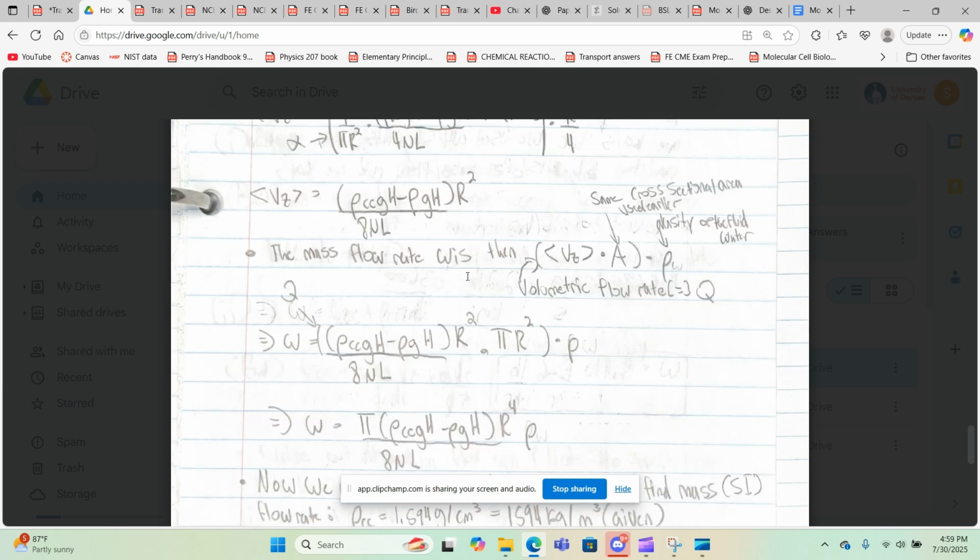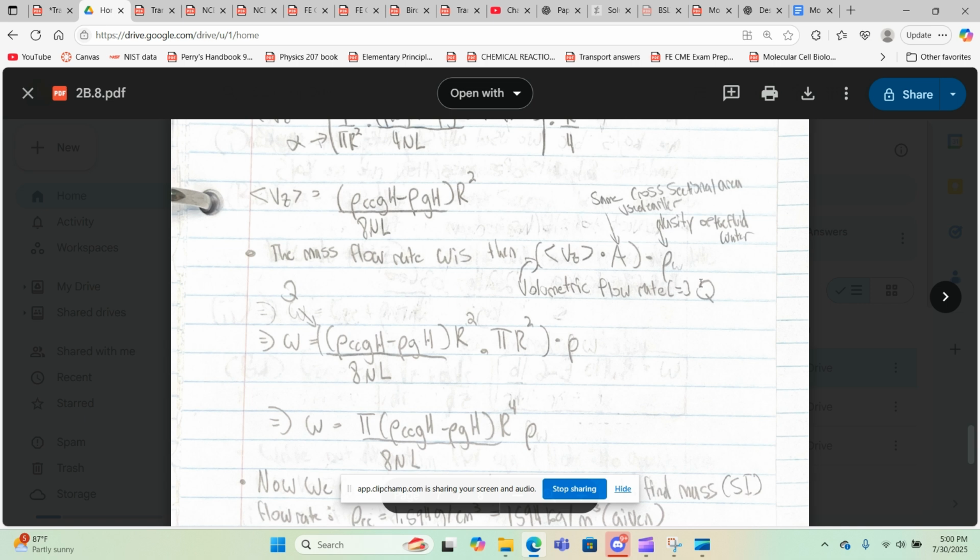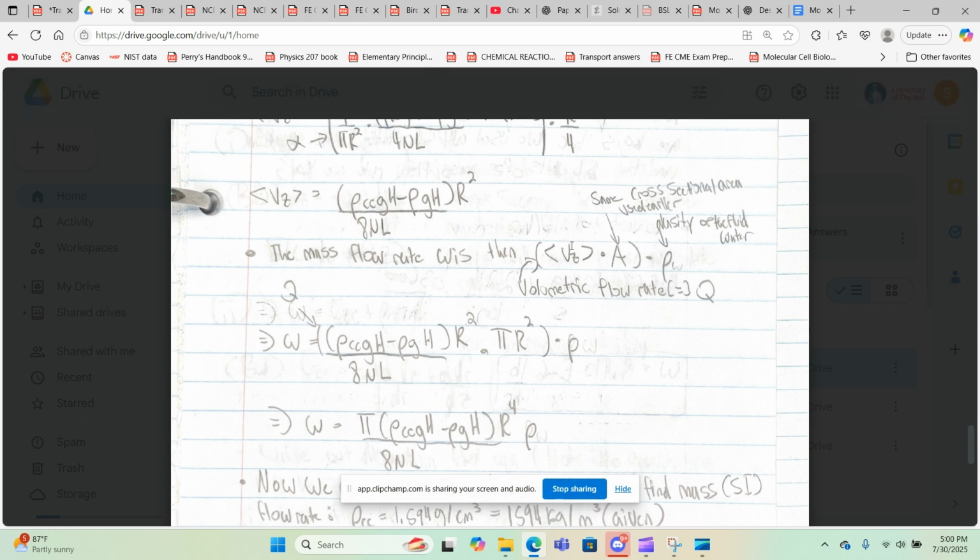So mass flow equals the average velocity times the area times the density. That's because velocity is meters per second, area is meters squared, so that's meters cubed per second, and then rho is kilograms per meters cubed. So the kilogram stays, but the meters cubed of each of these two terms cancels out.